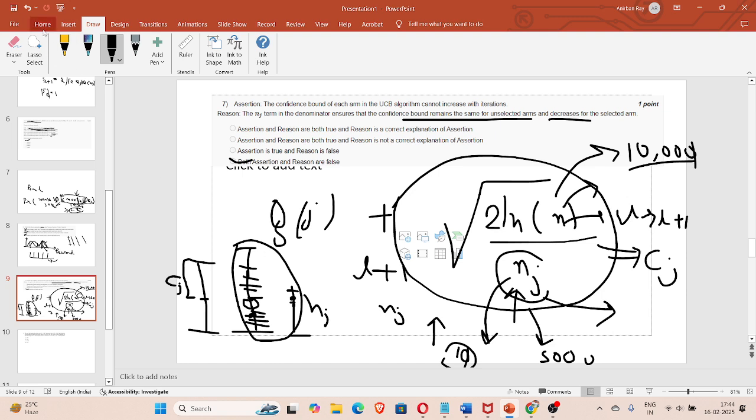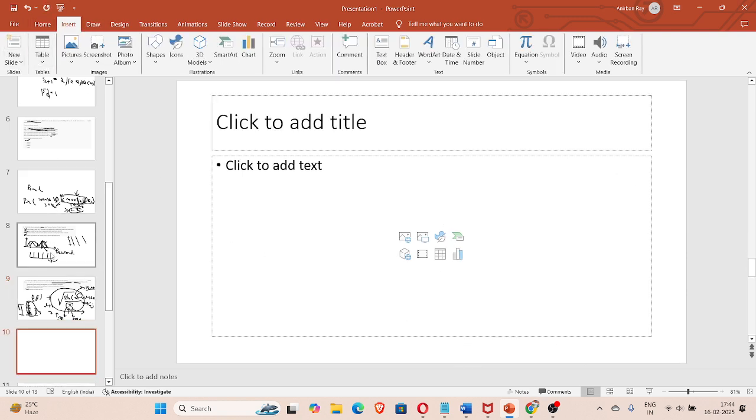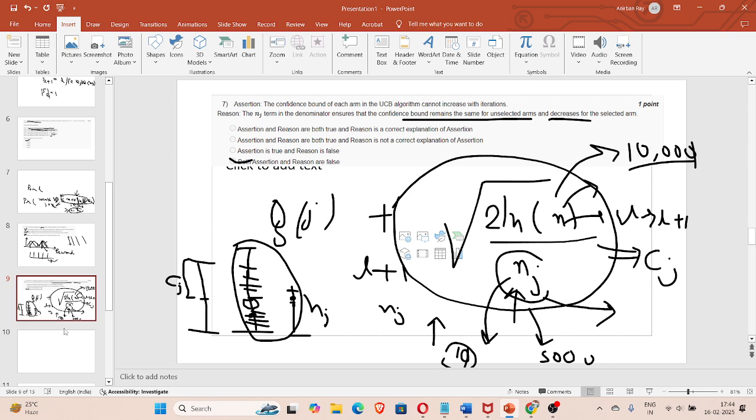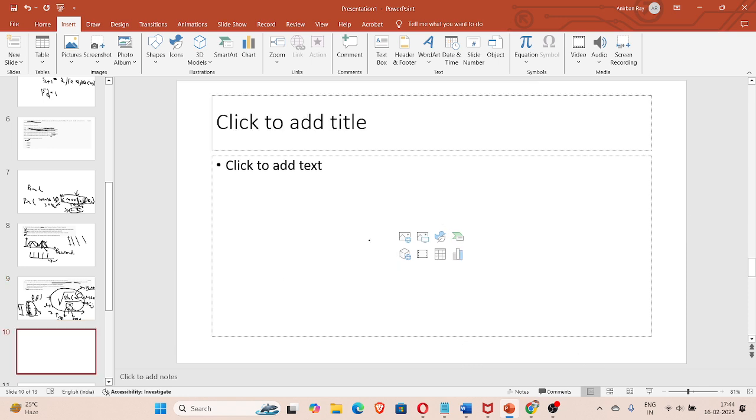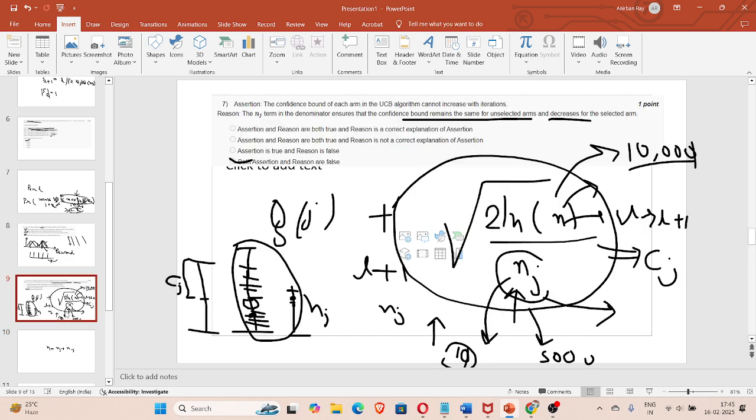Okay, so let's see. The point to be noted is that n is equal to nj plus the sum over the others, not including j. You can write it like that.